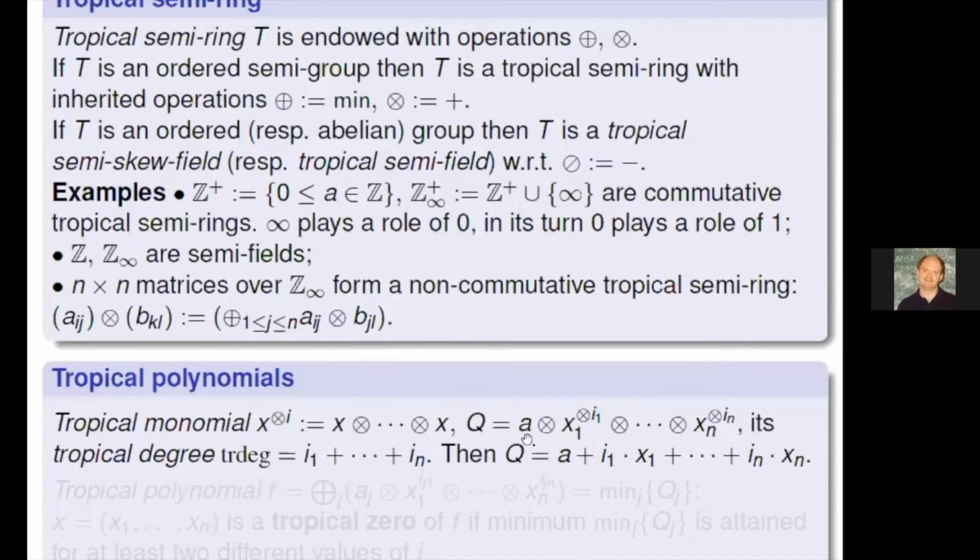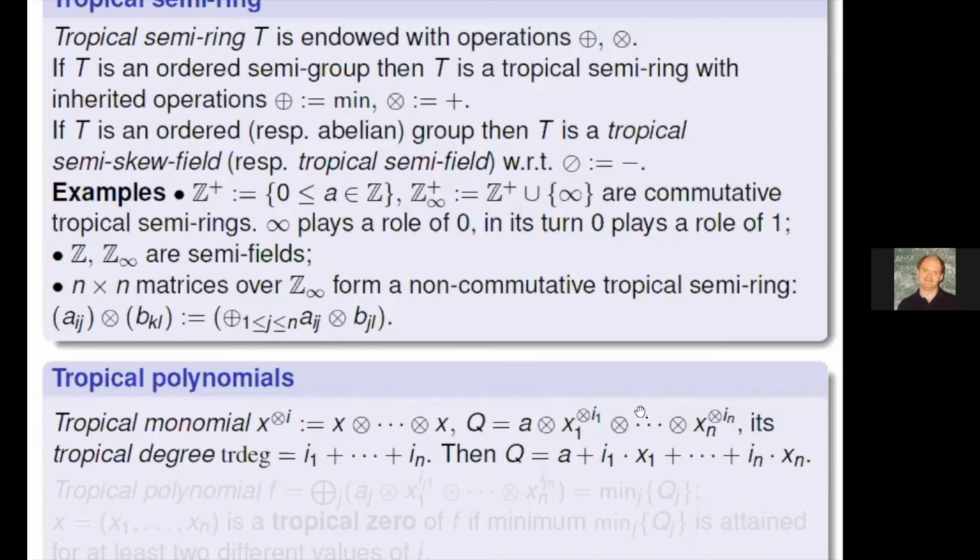And we can also tropically multiply by some coefficient a. And we can talk about its tropical degree in the usual sense, as in the classical degree. Actually, it is useful to consider both languages, classical and tropical. Tropically, it is a tropical monomial, but classically, it is nothing else but a linear function.